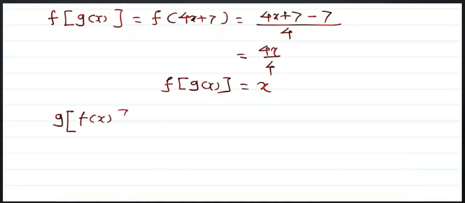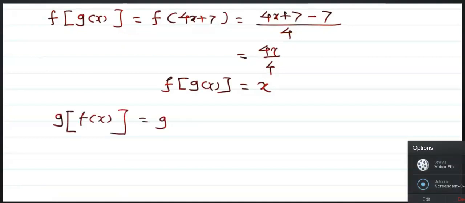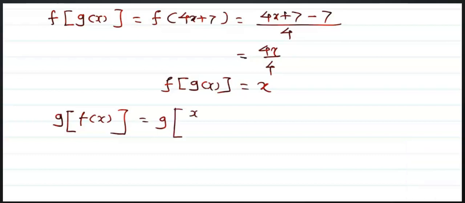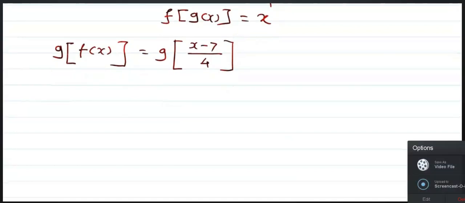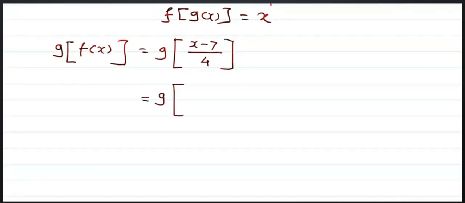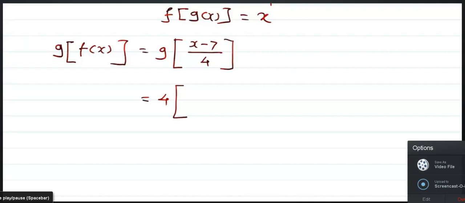Now next we will verify g of f of x. Therefore, what is our f of x? Our f of x is x minus 7 upon 4. And what is the g of x? That is the g of x is equal to 4x plus 7. That is whatever the quantity here, it's multiplied with the 4 and added with 7.